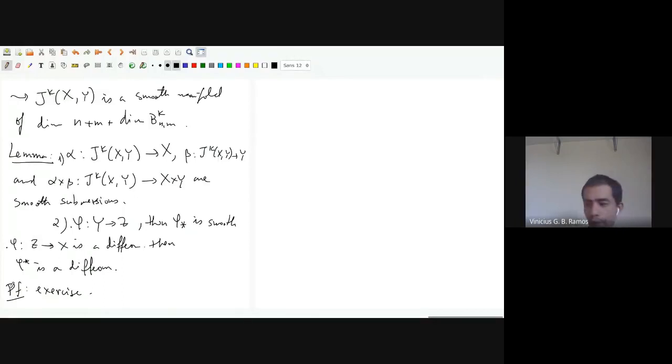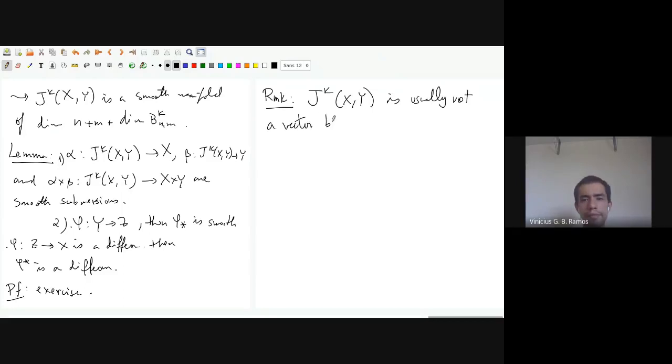All right, so let me remark that we have these smooth submersions, but this jet space is usually not a vector bundle.